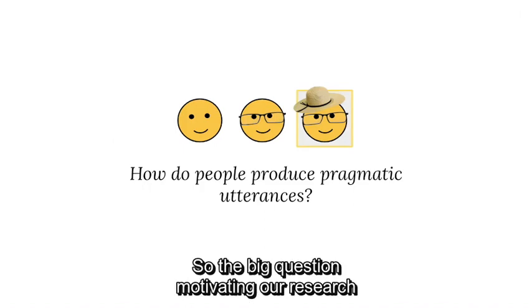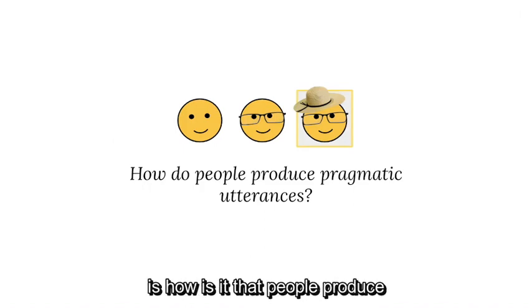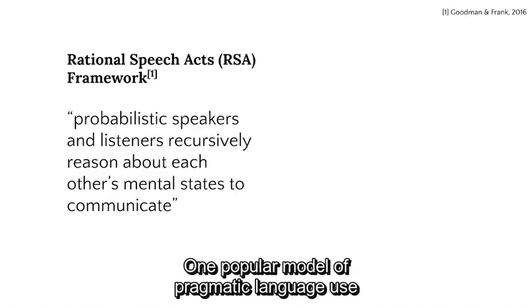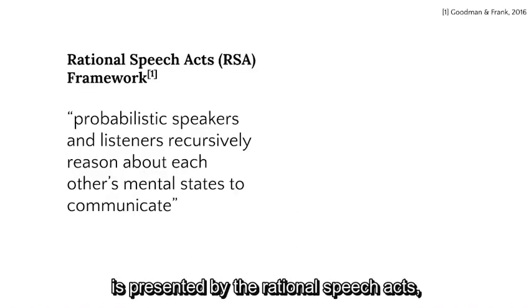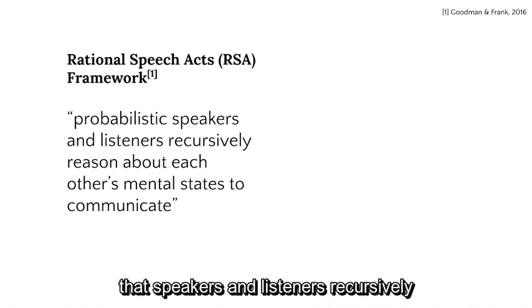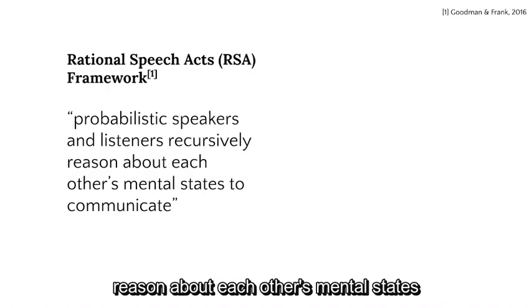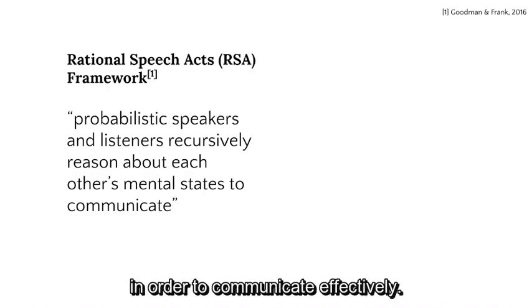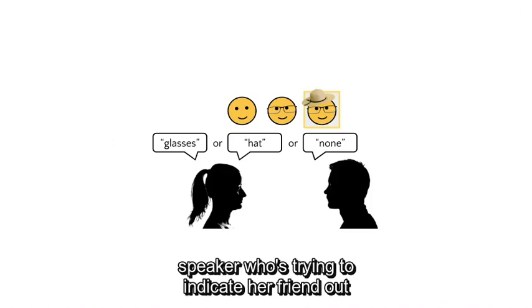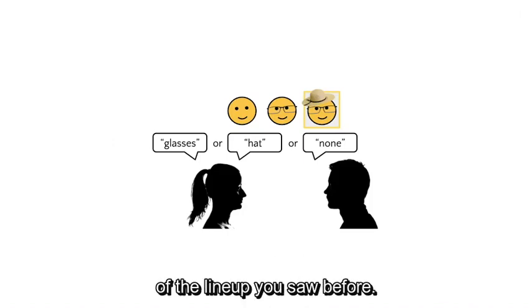So the big question motivating our research is how is it that people produce these pragmatic utterances? One popular model of pragmatic language use is presented by the Rational Speech Acts or RSA framework, which essentially postulates that speakers and listeners recursively reason about each other's mental states in order to communicate effectively. So let's consider a scenario where we have a speaker who's trying to indicate her friend out of the lineup you saw before.